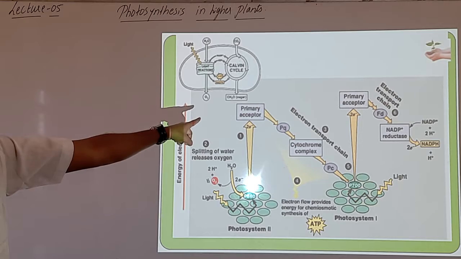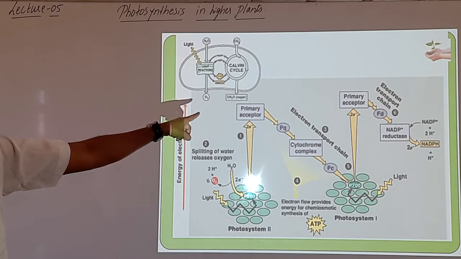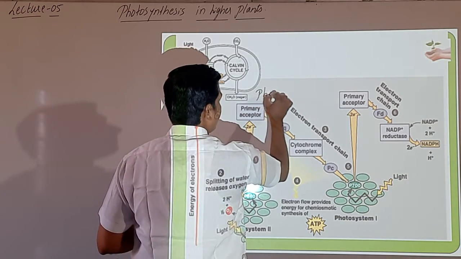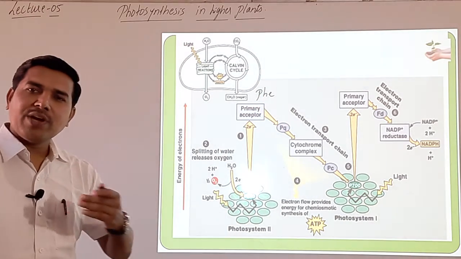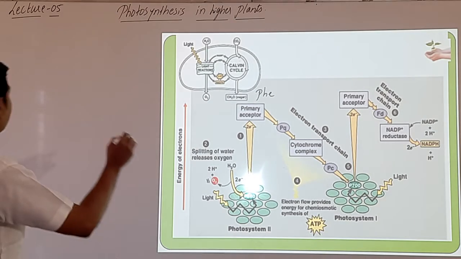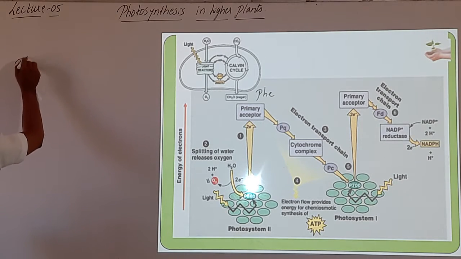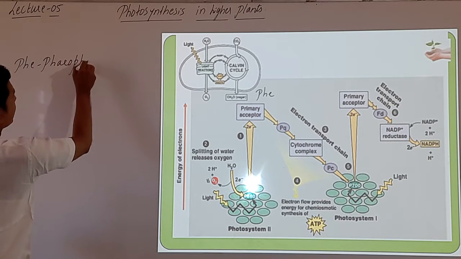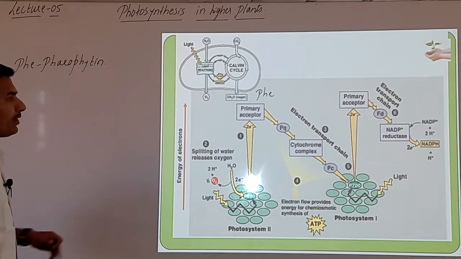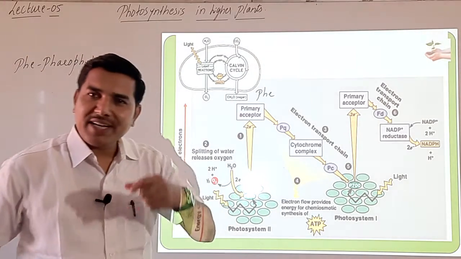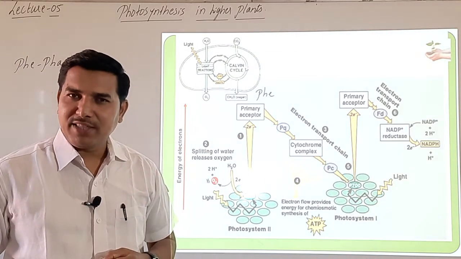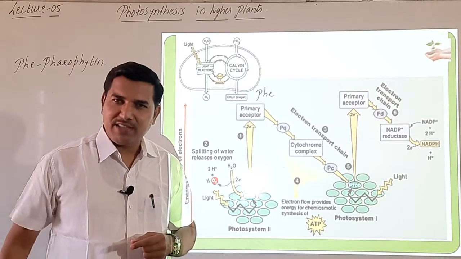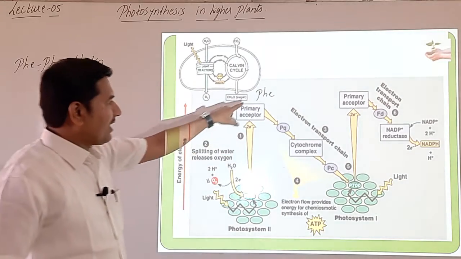The primary acceptor here is called pheophytin, PHE. So, pheophytin is the primary acceptor. This is the additional NCERT bit, which we are now discussing. Okay, so pheophytin is there.